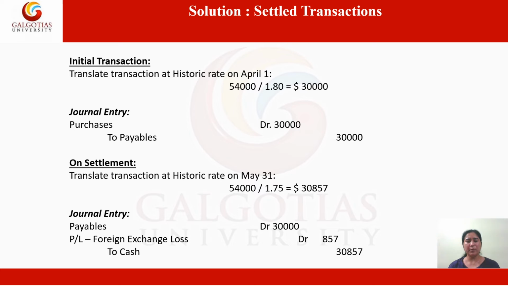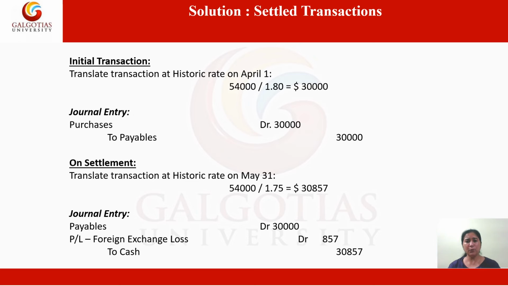Therefore, we will be converting 54,000 value in terms of dollars considering the exchange rate applicable on the date of settlement. The resultant value which we are going to get will be $30,857.